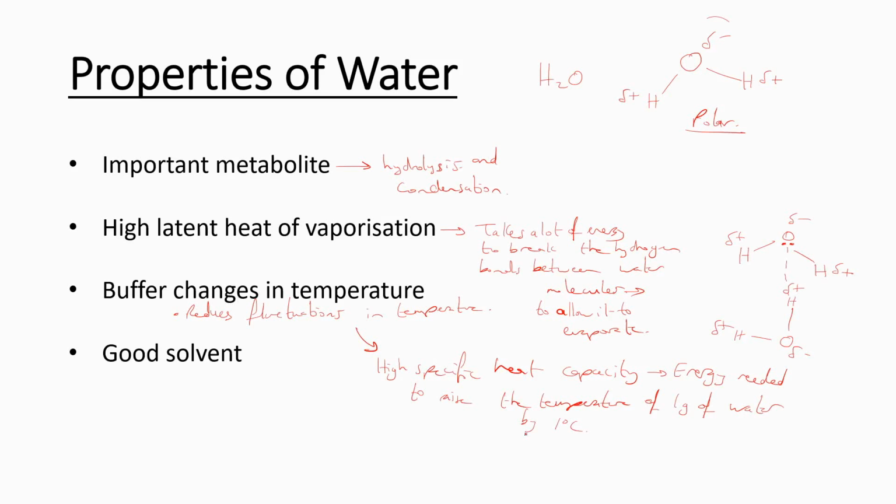So what a high specific heat capacity means is, if I have a small amount of water, let's say 1 gram, the energy I need to transfer to the water to raise the temperature by 1 degree is a lot.